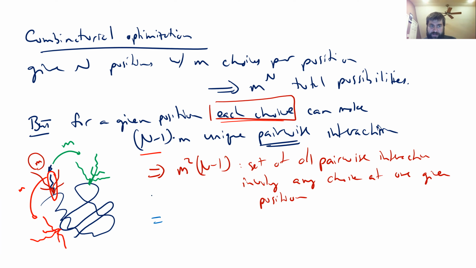Well, we now have to take this basic number and multiply it by n. n times m squared times n-1, with one modification that we make in a minute, as the set of all pairwise interactions.